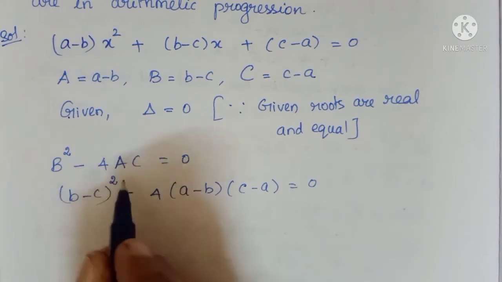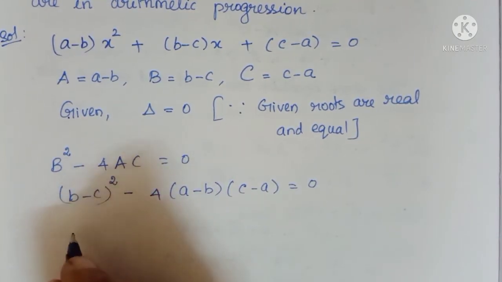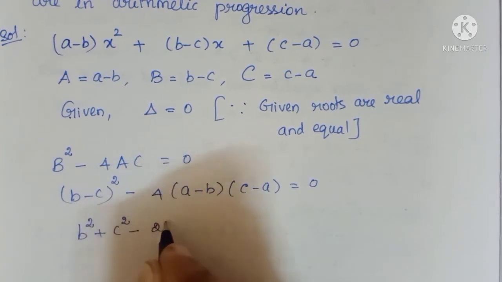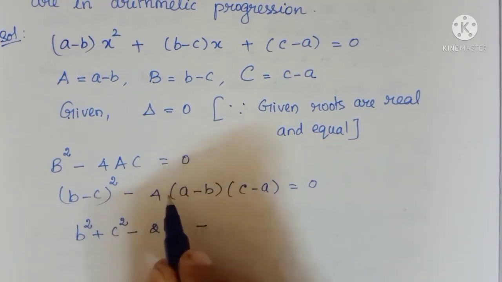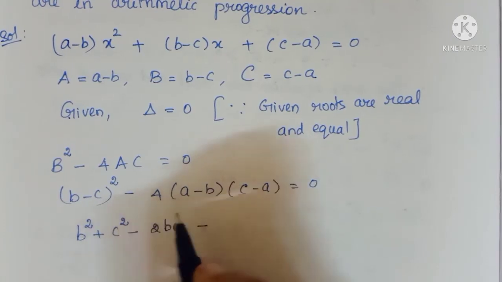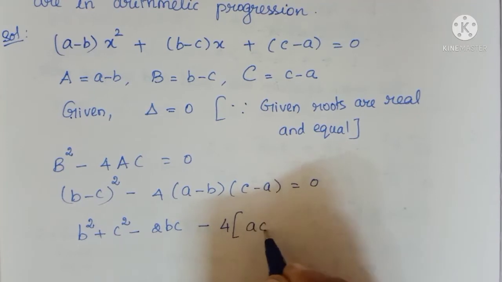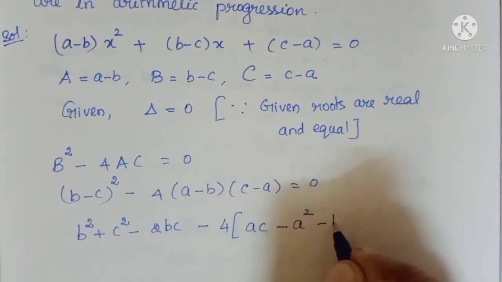Okay. Now this one we can use the formula now, a minus b whole square formula. So we will get this one as b squared plus c squared minus 2bc. Then here minus I'll write. Then first I am going to multiply a minus b into c minus a. Then I multiply with the 4. So 4 into a into c, ac. A into minus a is minus a squared. Then you take minus b into c minus bc.